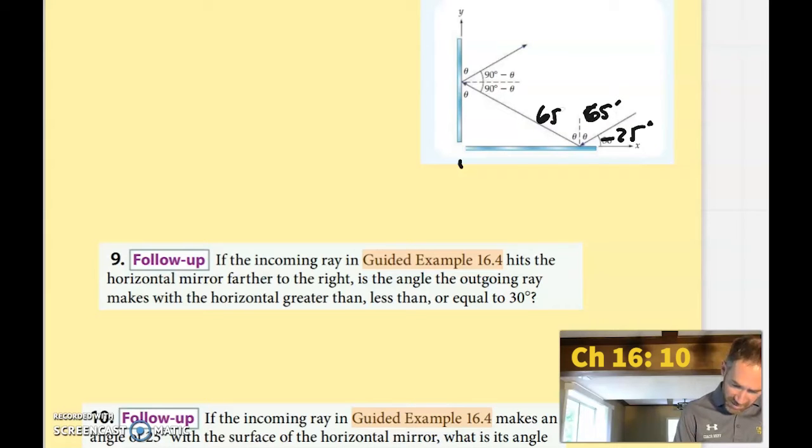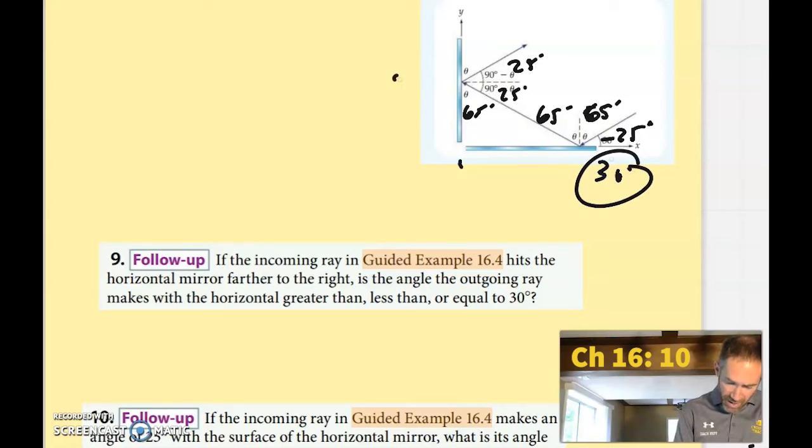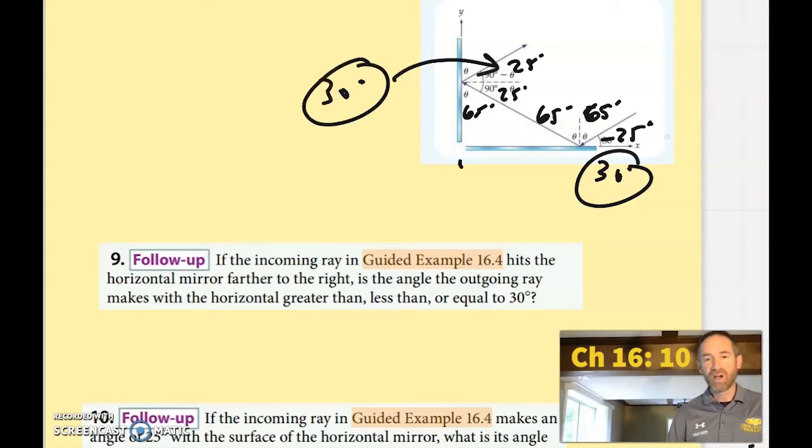Then I'm going to have a 65 degrees right there, and then a 65 degrees right there, and a 25 degrees right there, and a 25 degrees right there. So whereas this was 30 and then this was 30, now it's 25 and 25. And you can see whatever you make this angle right here, that's going to show up on that angle right there.